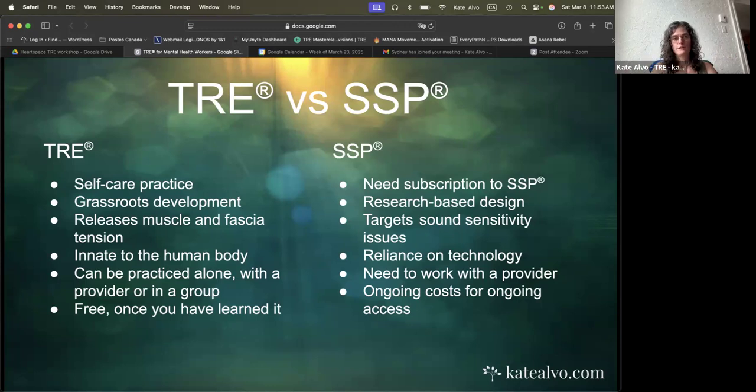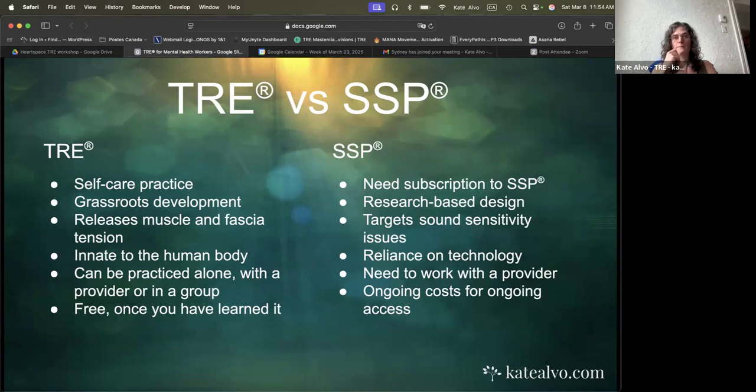David Bercelli developed it as a self-help tool. And I agree that it's a self-help tool, with the caveat that in populations like here in North America, where our social fabric is less strong and people are more isolated, practicing TRE in communities isn't really a thing. We don't really have that kind of community support built in here.